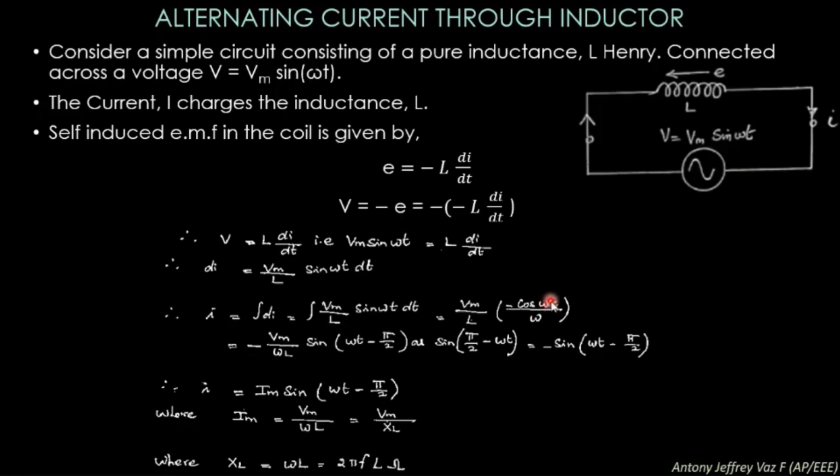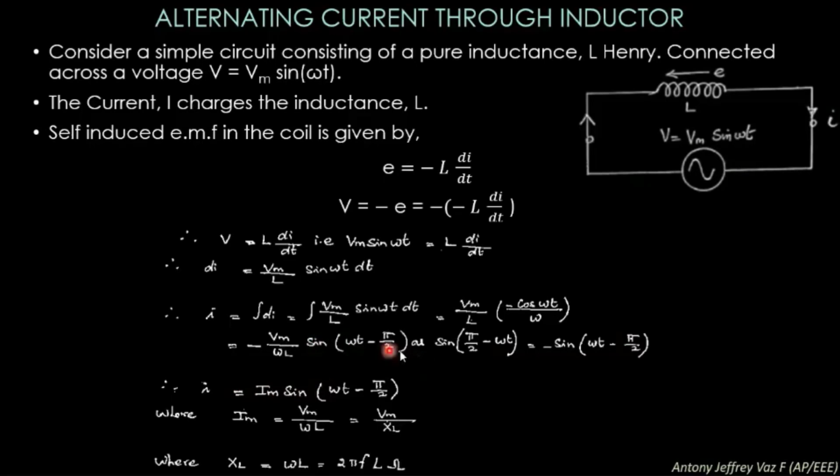To do that, the formula is cos theta is equal to sine theta minus 90 degree. So you get sine omega t minus 90 degree, as sine of pi by 2 minus omega t equals minus of sine omega t minus pi by 2.